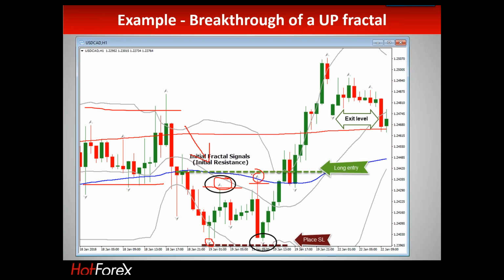Then once this is formed, we have seen it drift lower, making another consecutive down fractal. So this was a good support area, because every single time that the pair, in this case dollar CAD hourly, hit this area, it was rebounding higher, then down, then rebound. So this is a support area and our potential stop loss in the case that resistance breaks.